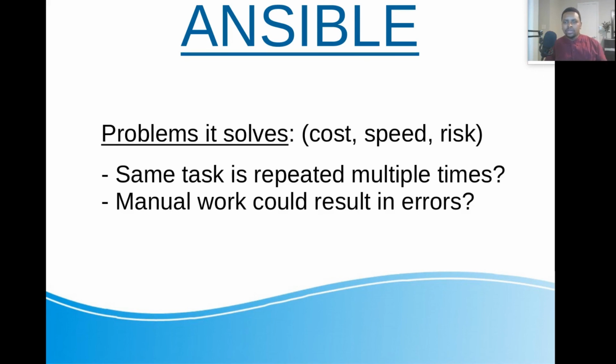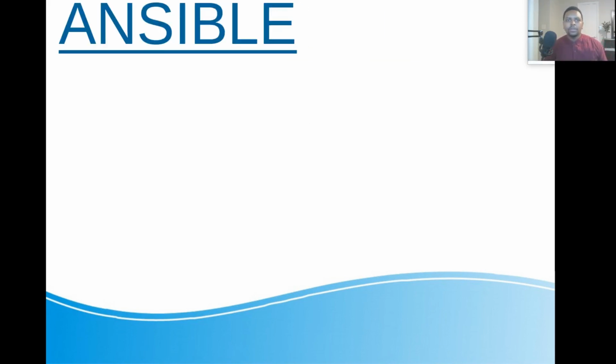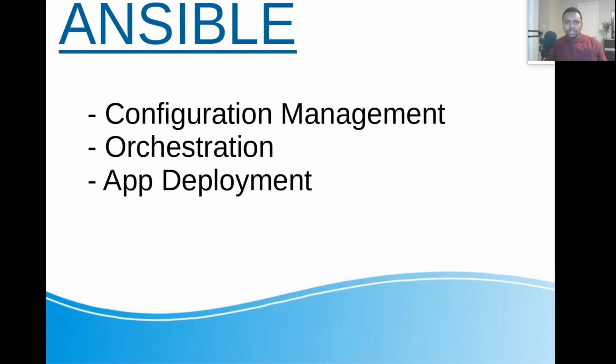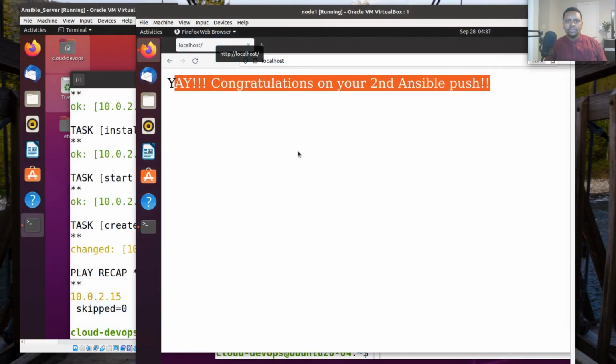It's pretty much fast and risk-free, because with one change of the document, you can copy the same copy over to multiple targets and push your configurations, orchestrations, or app deployment, and have everything pushed over to your targets in a matter of seconds or minutes, just like that.